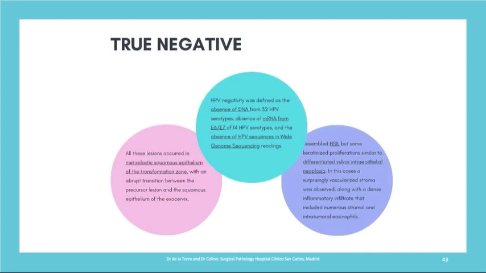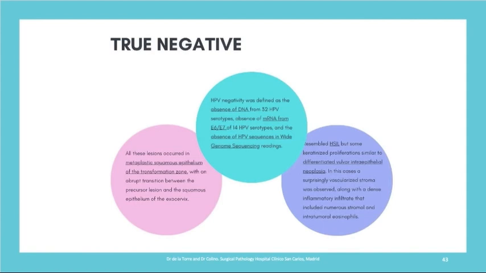In very few cases, squamous cell carcinoma in the cervix has been reported with truly negative high-risk HPV detection. In 2022, Rogor et al. presented the first histological description of high-grade cervical lesions negative for HPV that were not associated with invasive squamous cell carcinoma.